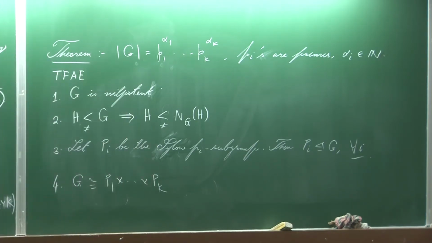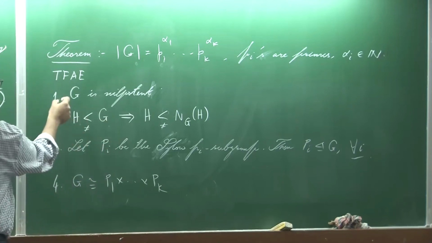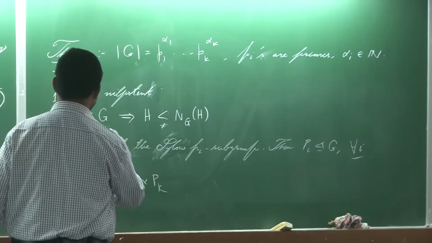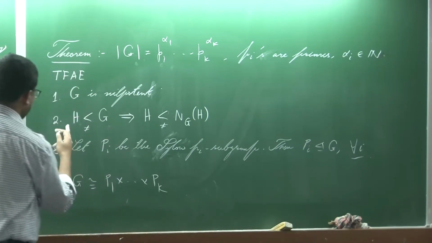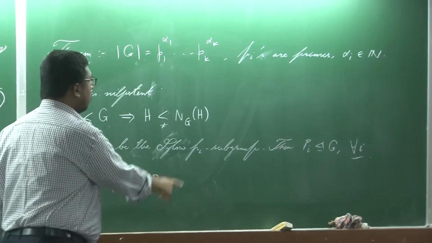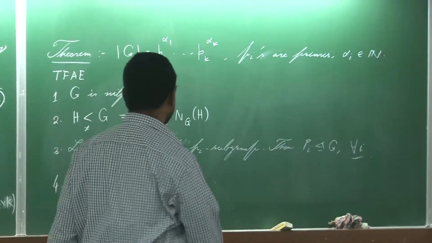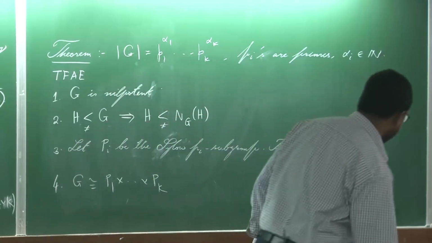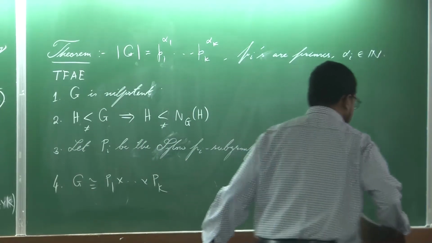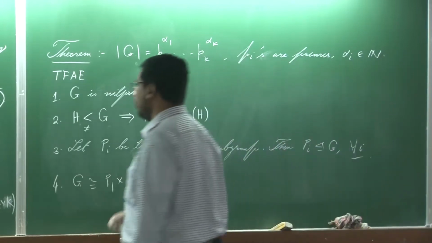The way we will proceed is we will prove 1 to 2, 2 to 3, 3 to 4 and then 4 to 1. Now 4 to 1 has already been done because each Sylow subgroup has order some power of a prime. So we have to do 1 to 2, 2 to 3 and 3 to 4.